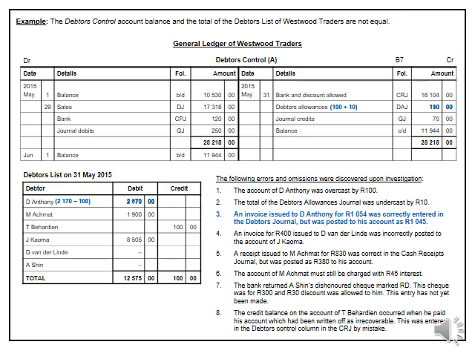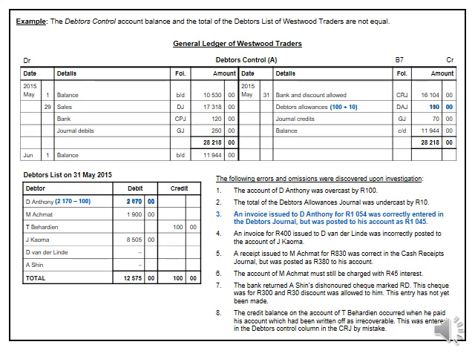Number 3, an invoice issued to D. Anthony for 1,054 was correctly entered in the debtors journal, but was posted to his account as 1,045. So again, the debtors control account is correct. The amount is just recorded incorrectly in D. Anthony's account. Now, the invoice is recorded in the DJ, it will increase.